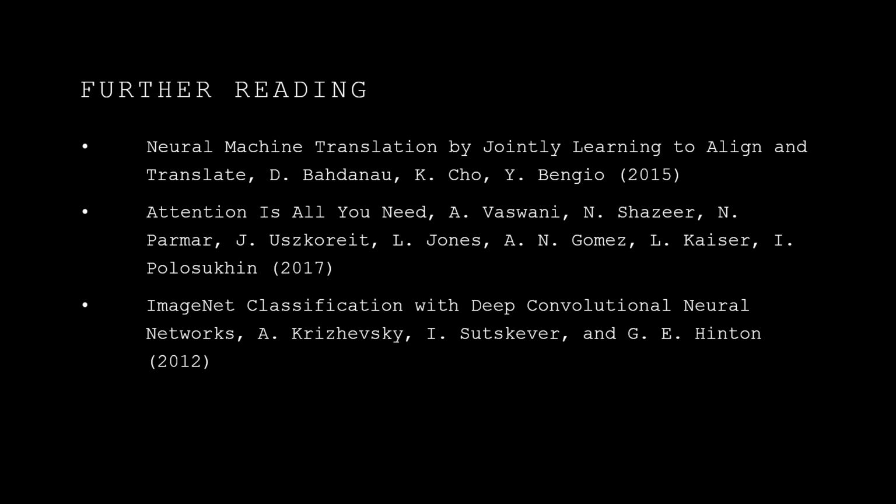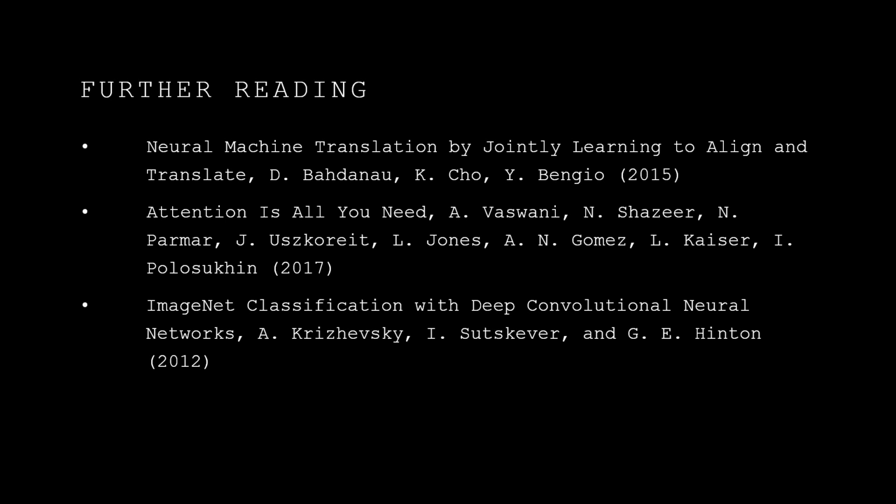Now, on to those three papers that I recommend checking out, and I'll include links in the description. We have one from 2015, Neural Machine Translation by Jointly Learning to Align and Translate. Attention Is All You Need from 2017, and that contains a really nice diagram of a transformer model.